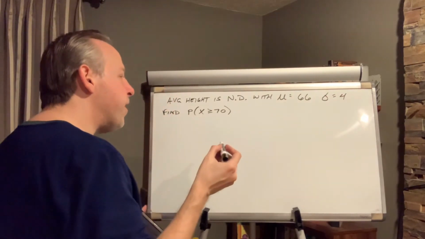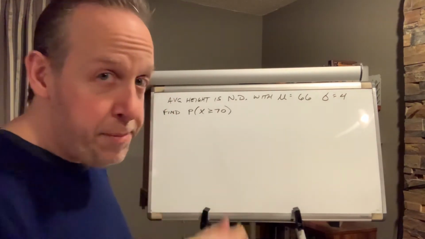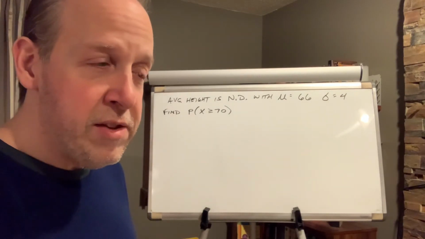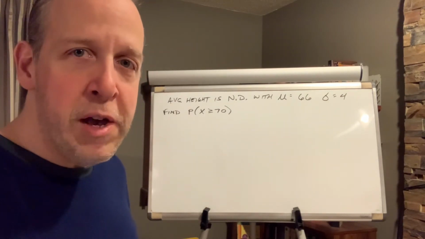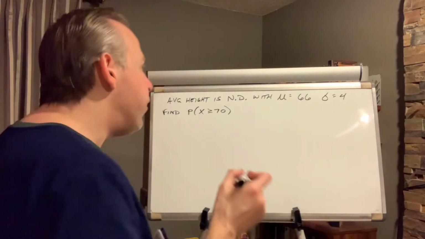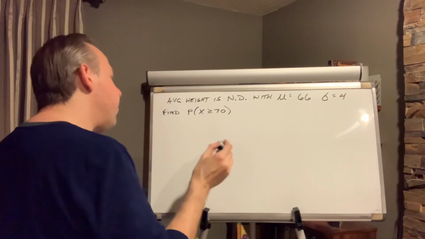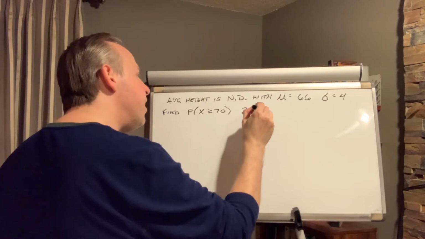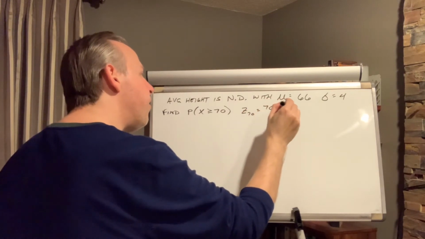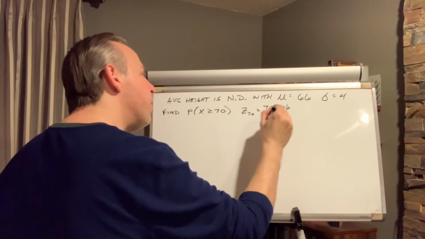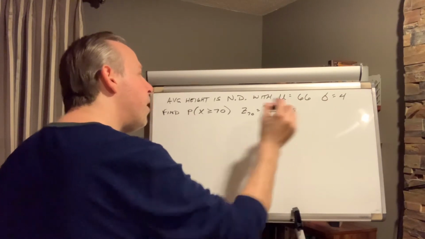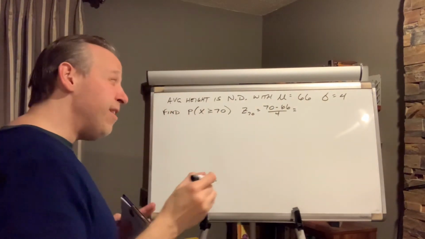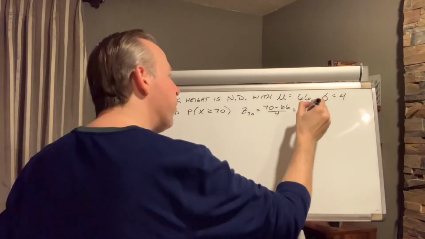I'm going to do a little bit of extra math because, after all, on the AP exam, when you have to do something like this, showing some actual computations doesn't hurt. So the only thing we can do is show the computation for z-score. So the z-score for a person who's 70 inches tall is 70 minus 66 over 4. 70 minus 66 is 4, and 4 over 4 is 1.